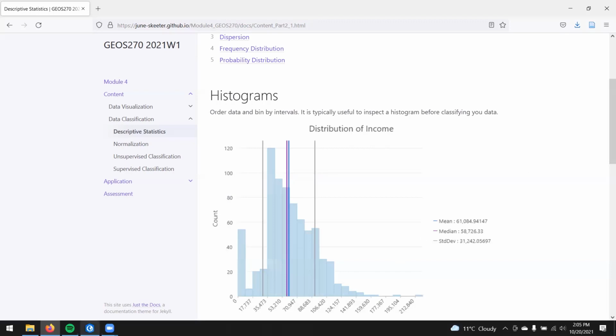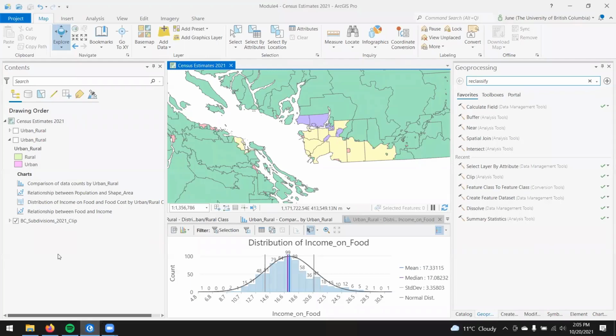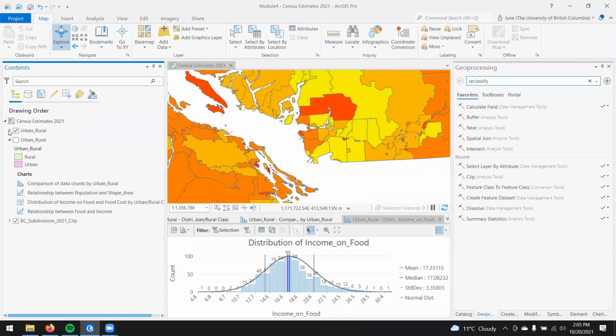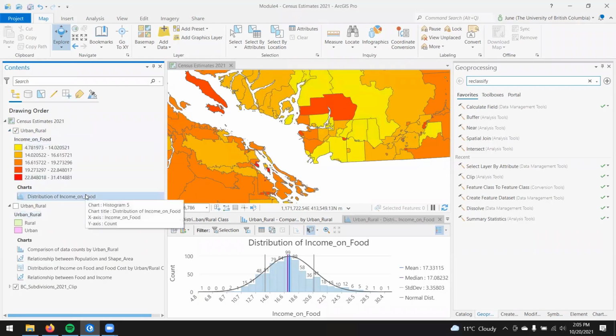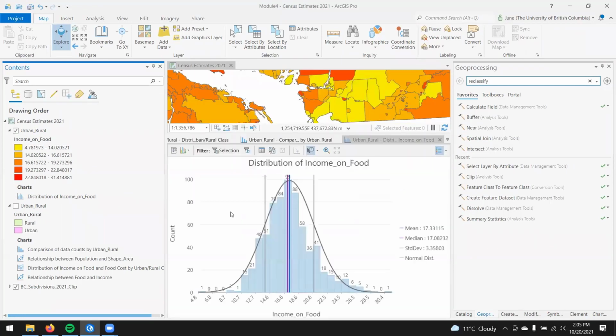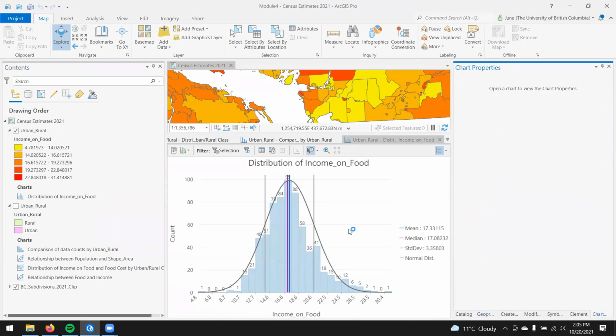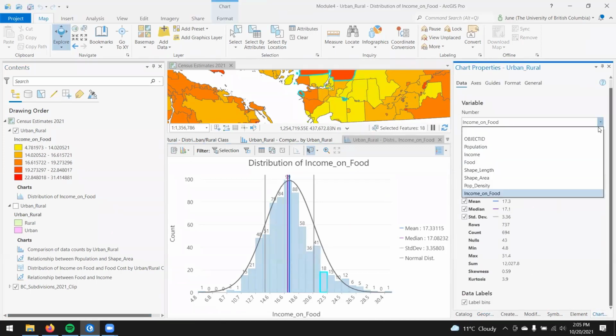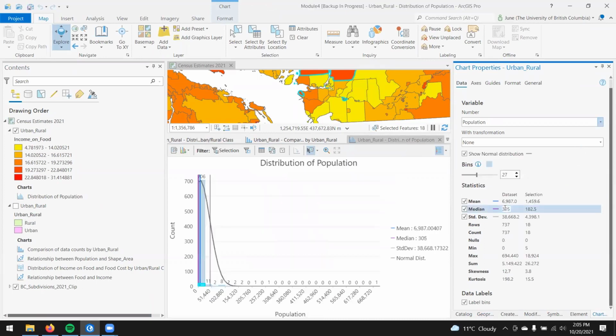So it's pretty easy to create a histogram in ARC. This histogram, for instance, is showing the distribution of income that people spend on food. It's a very different shape than if you look at a histogram of population, right?